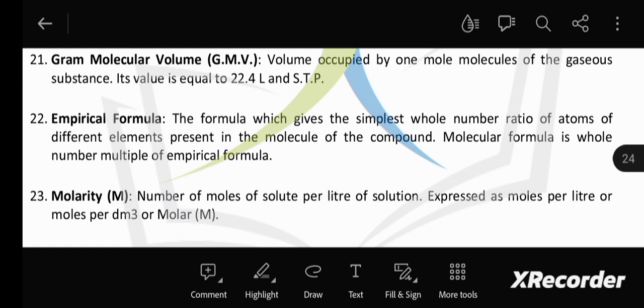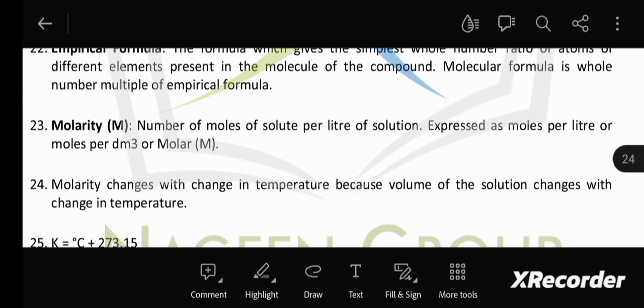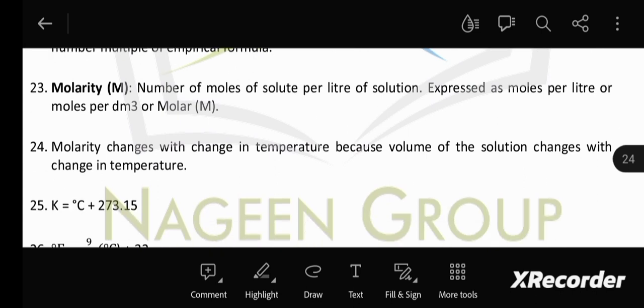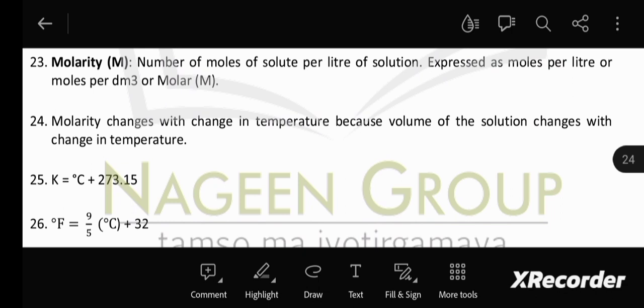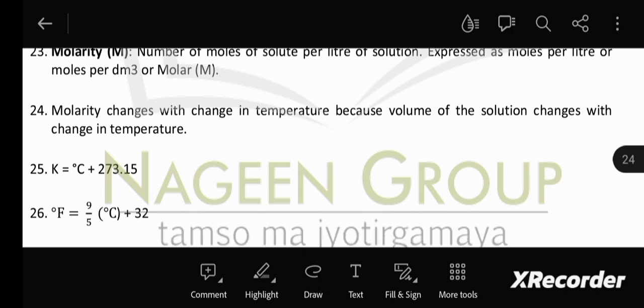Empirical formula, as I have told you, simplest whole number ratio of all the atoms of a compound. Molarity, number of moles of solute dissolved per liter of the solution. Unit is moles per liter. Molarity changes with changes in the temperature, because it depends upon the volume, and the volume changes with the temperature.